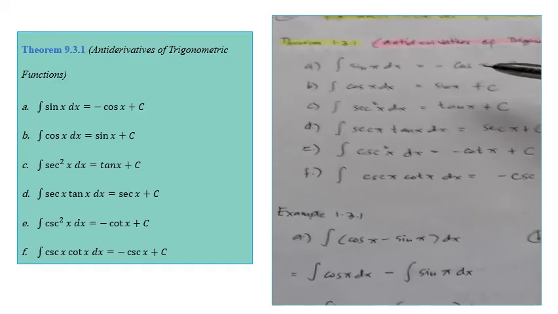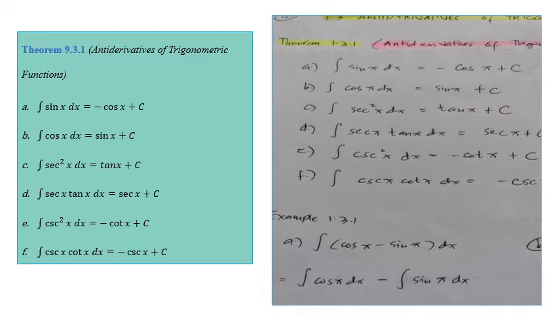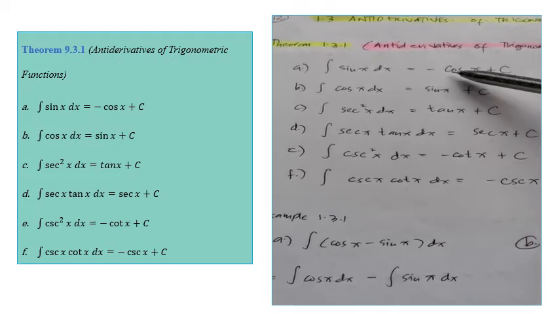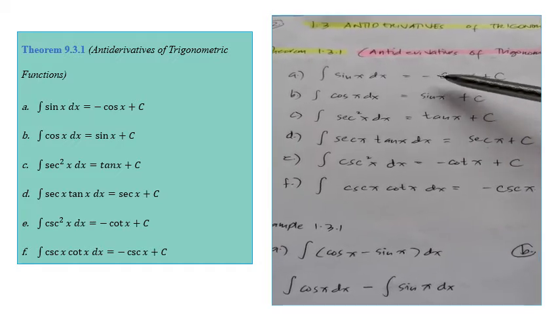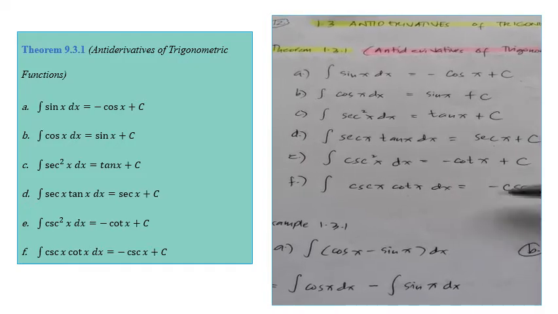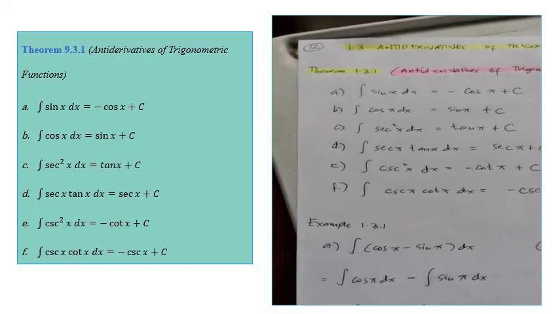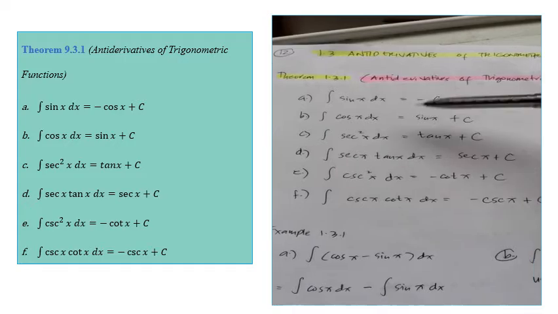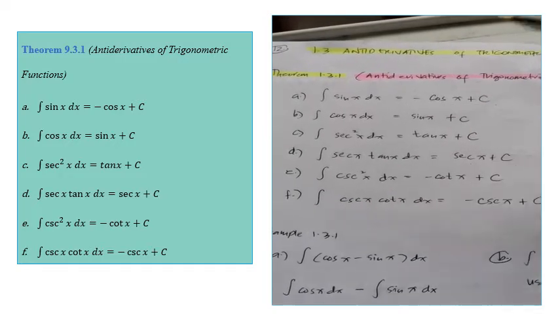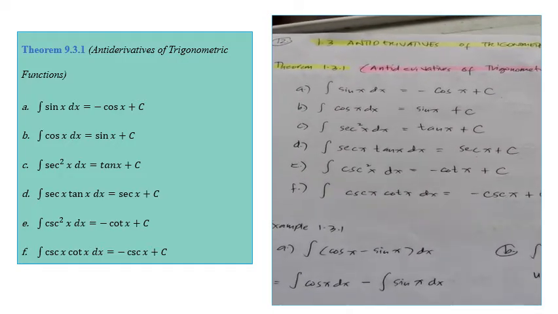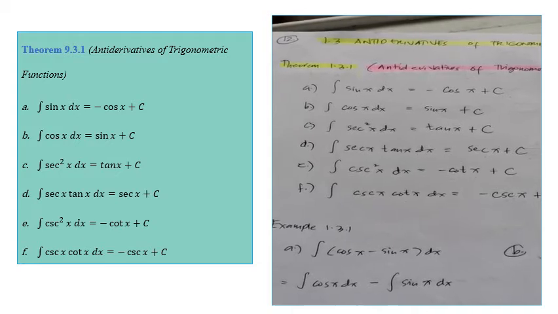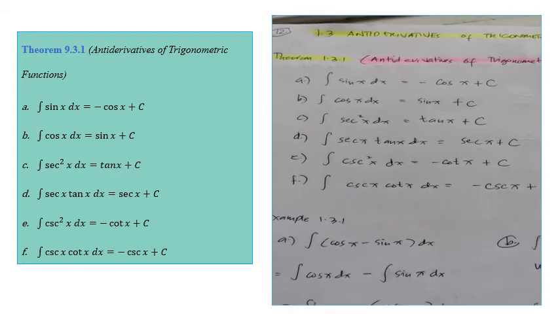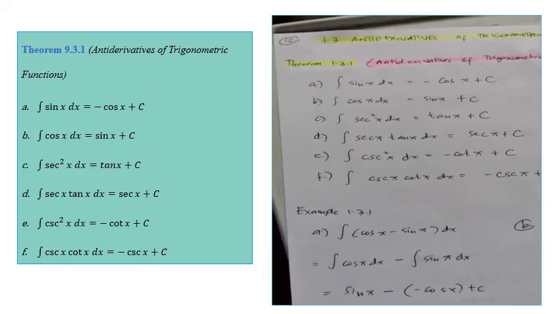Okay, so tandaan nyo yan. Basta ang tandaan nyo lang na technique dito sa pag-familiarize sa antiderivatives of trigonometric functions is si sine and cosine yung partner, si secant at saka si tangent, si cosecant naman at saka si cotangent.